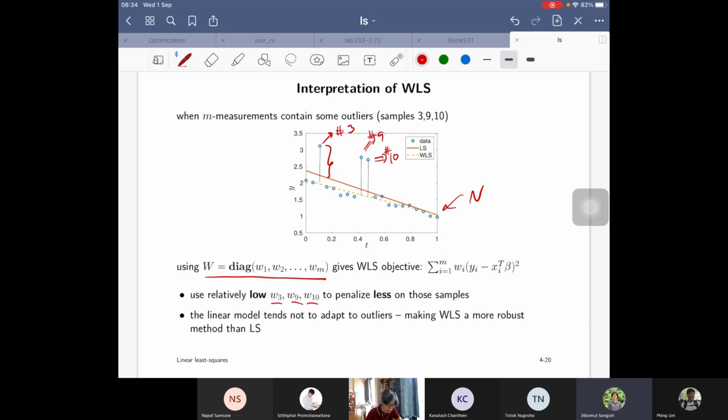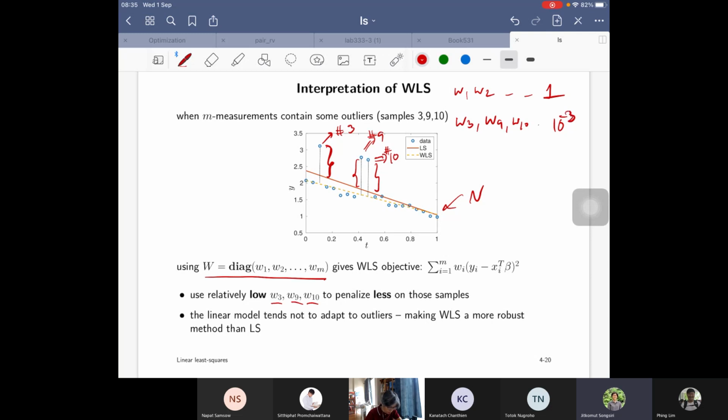So for example, for W1, W2, and the other weights, I may use 1, but for W3, W9, W10, maybe I use 10 to the minus 3. I would like to penalize less because I don't care much about the residuals that occur from these 3 outliers.